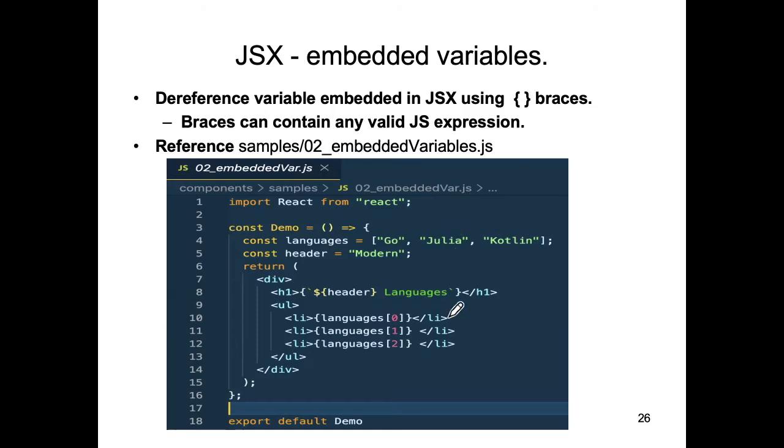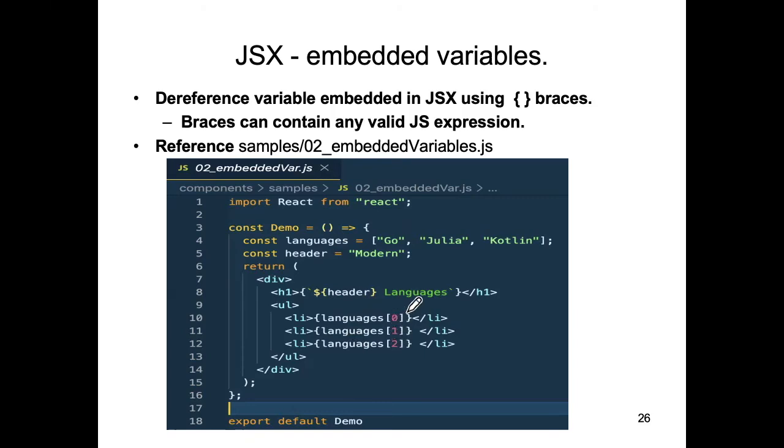So if we look at the sample down here, it's my component that displays a list of languages again. But whereas previously I had the languages hard coded down here, now I've made it slightly better in that I've put my languages into an ordinary JavaScript array. And down here, I am referencing elements within that array.